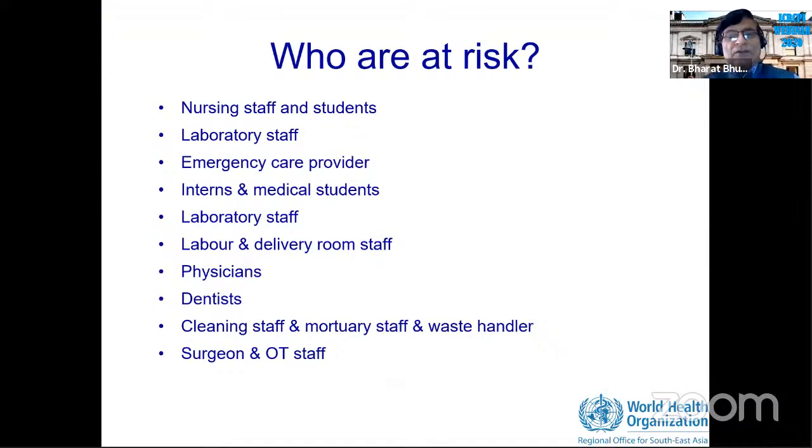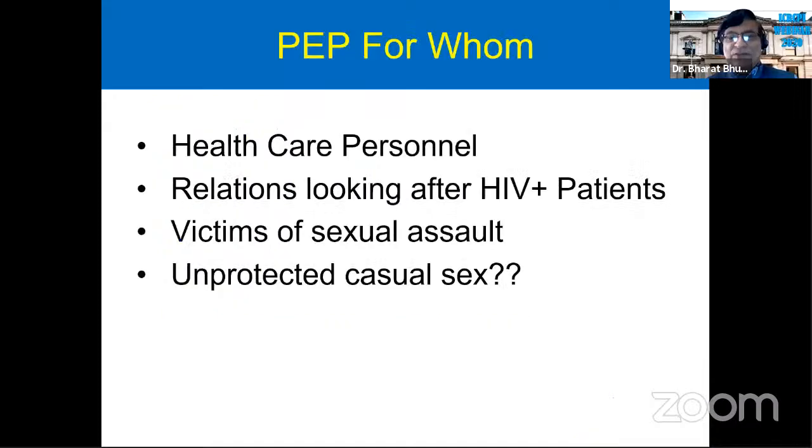The persons at maximum risk are nursing staff and laboratory people, people in emergency care, interns and medical students, because senior people are usually not involved in the actual emergency care, except of course in some critical procedures. So it is laboratory persons, nursing staff, labor room staff who are more at risk of HIV exposure.